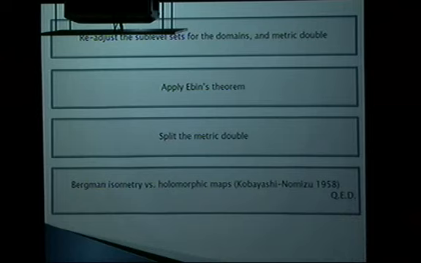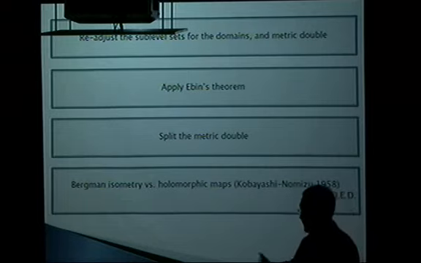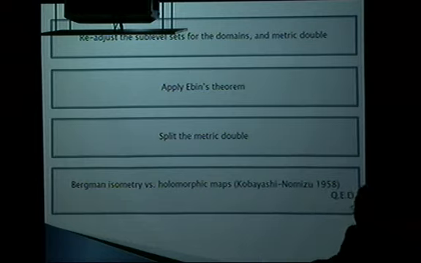Now you don't talk about domains anymore, but you talk about the compact manifold, metric double. This was all done by Greene and Krantz. And using that, you have a weak sense, slightly weaker than Ebin's theorem, but we do have Ebin's theorem applied, and then we have a subgroup situation up to Lie isomorphism. And so that's okay.